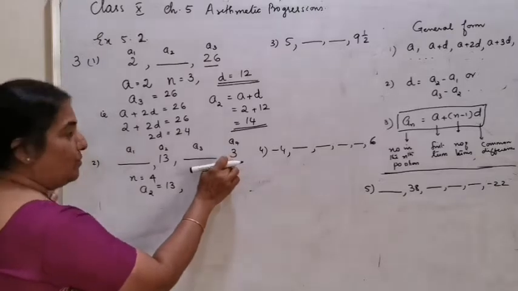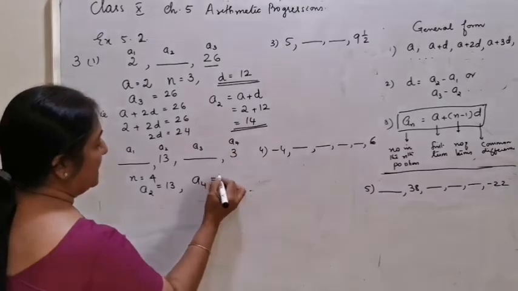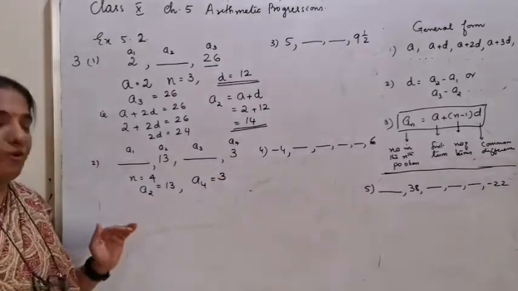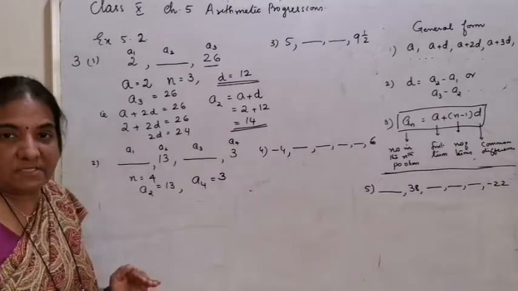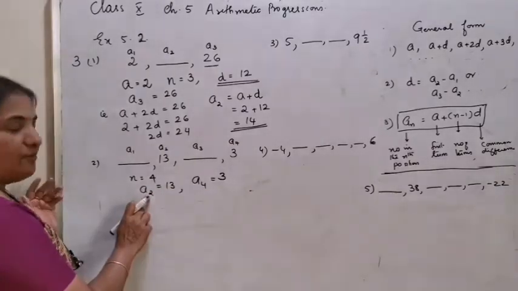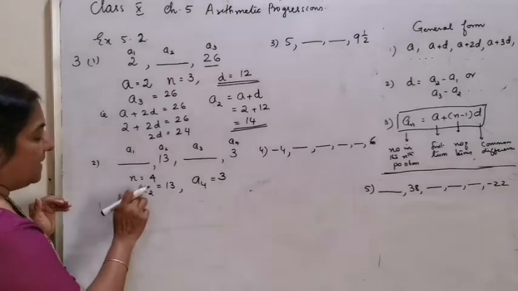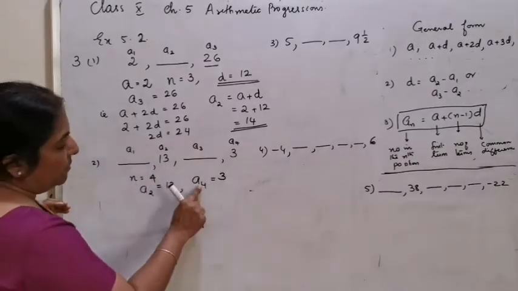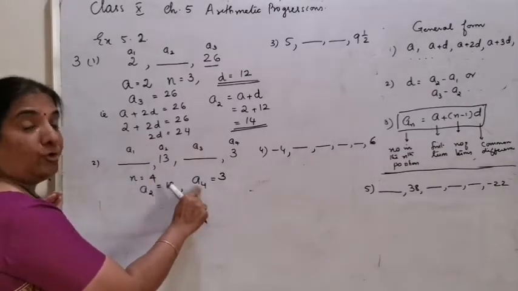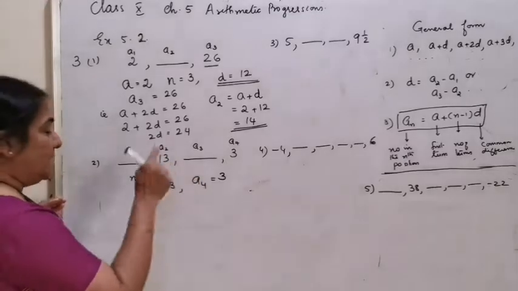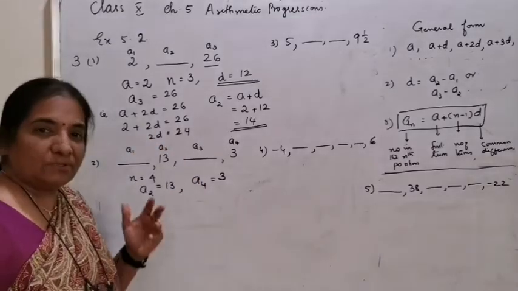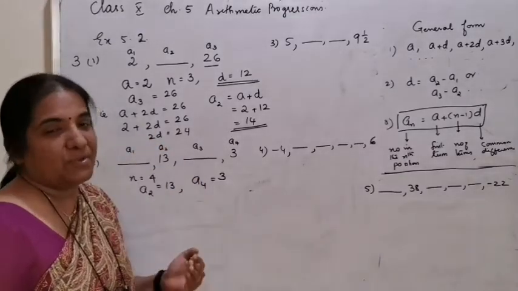You know the value of A4 as 3. You can form 2 equations. What is the formula for A2? A plus D. What is the formula for A4? A plus 3D. And those values you know. So like linear equations you can solve.